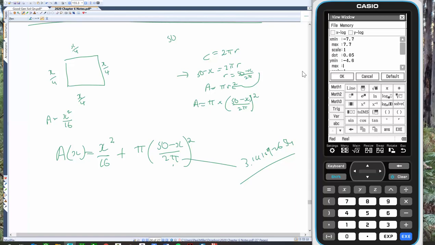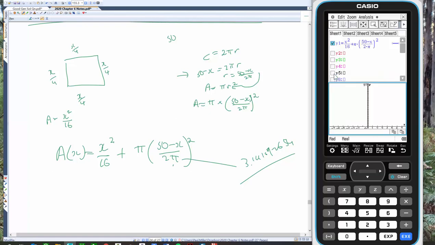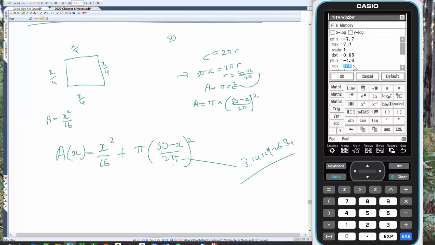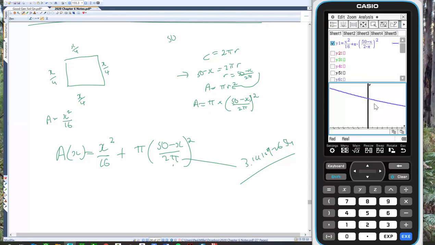I'm going to change the y max from 4. Let's see if we can find it at 100. We haven't found it yet. So we're going to hit it again and send it up to, I don't know, 300. Aha. All right, so we've found the function.